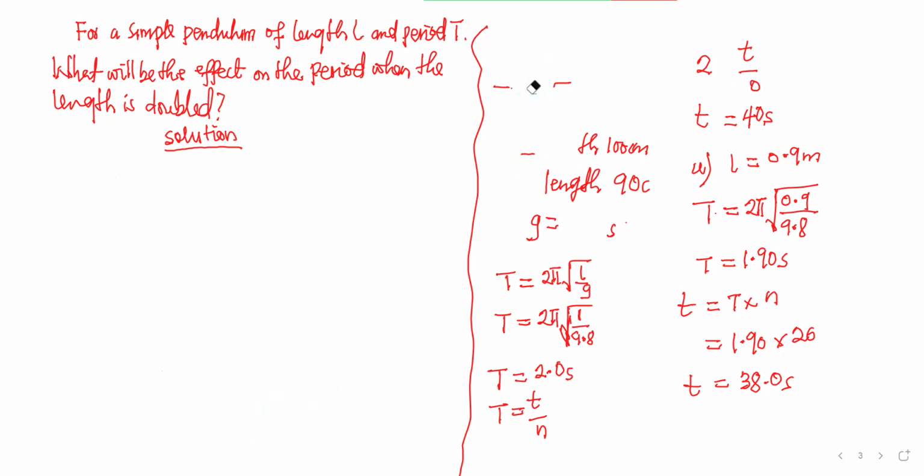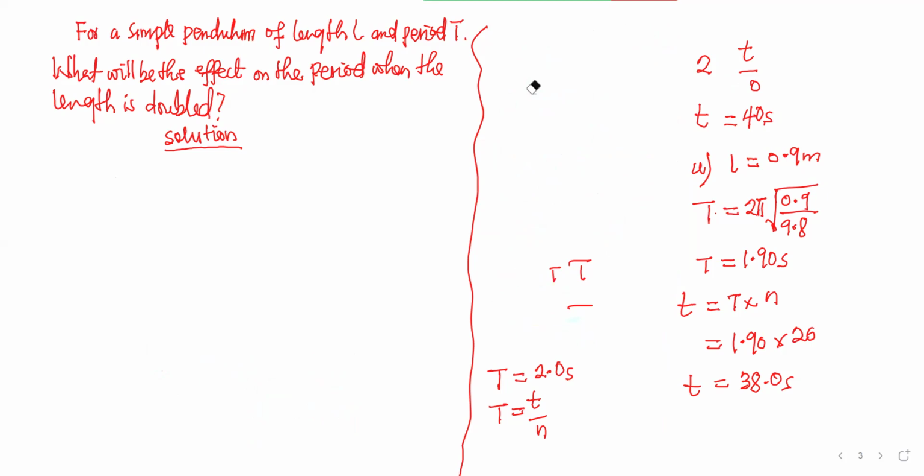Okay, so temperature also affects the period when the pendulum string is made of a metallic string or wire, as in the grandfather clock. And how does it affect it?